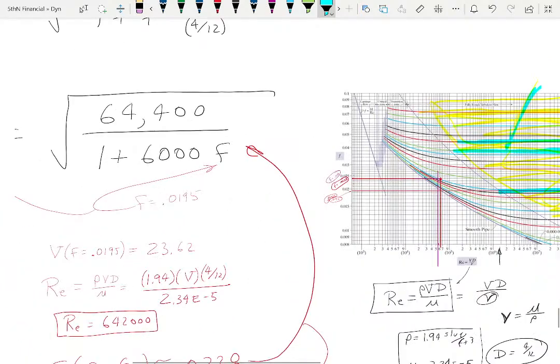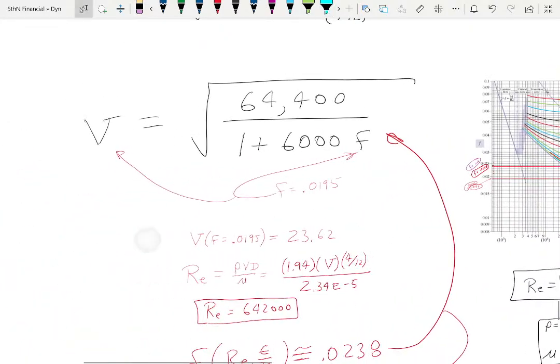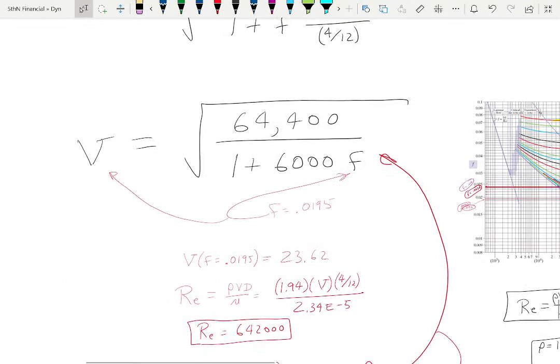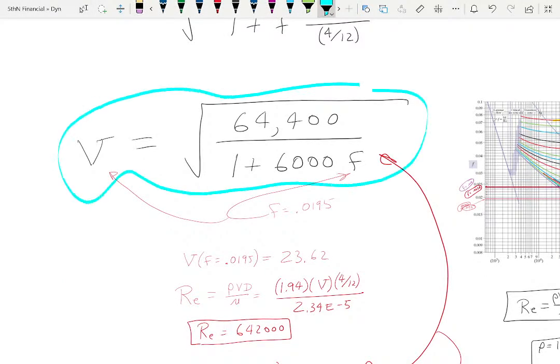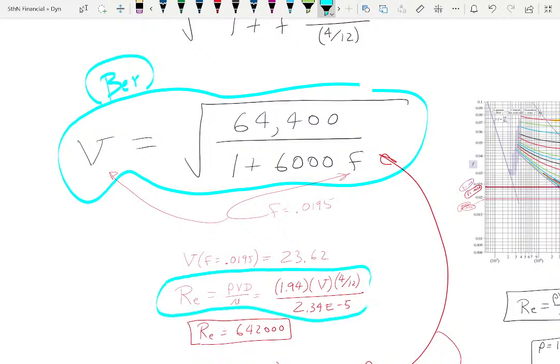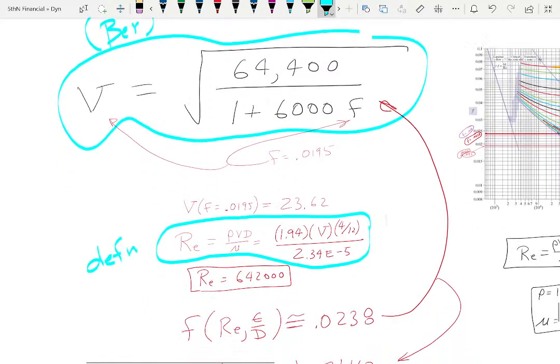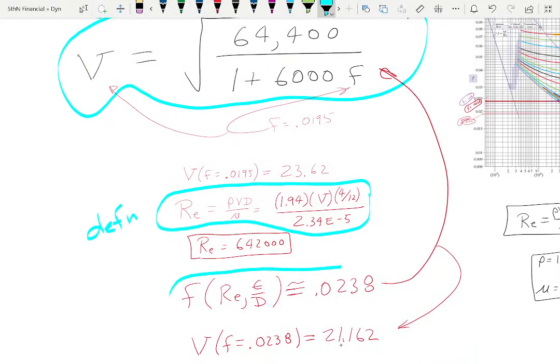So the next thing to do is to try to identify what was what here. Okay, this equation was generated from Bernoulli. This will always be the case. This equation is just a factual equation, a definition. And then this is the Moody diagram. It's really an equation. So this is Moody.